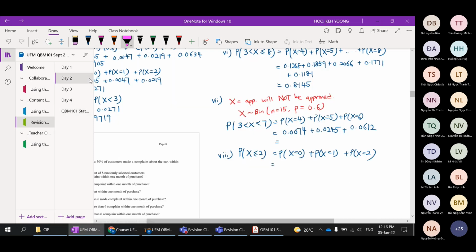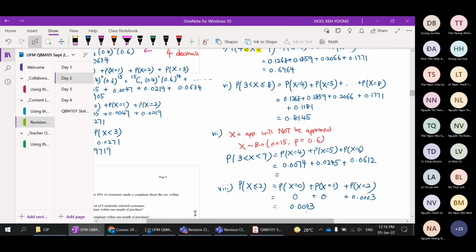So what is the probability at most 2 applications will not be approved? 0.0003. Confirm? Yeah, correct.